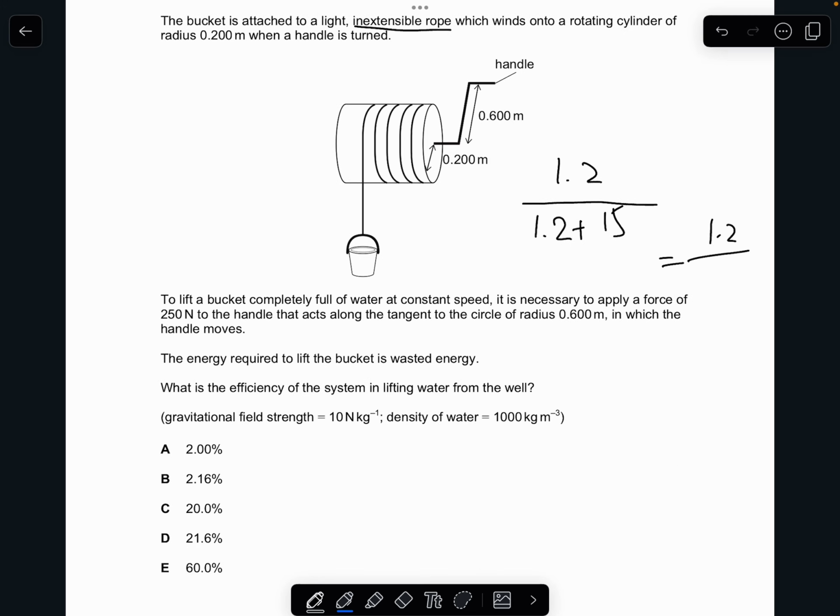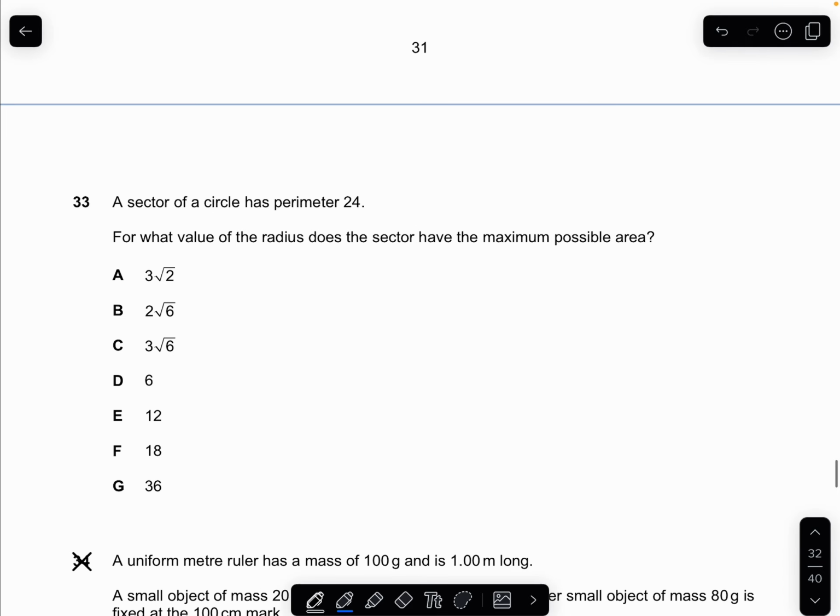I mean, isn't this correct? Let me check again. I'll just put this aside, I'll review it at the end.